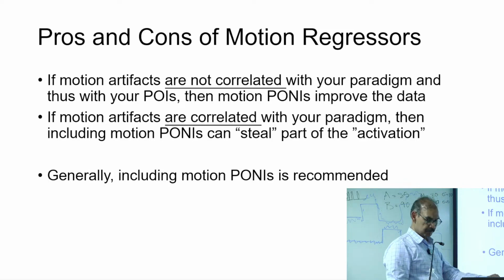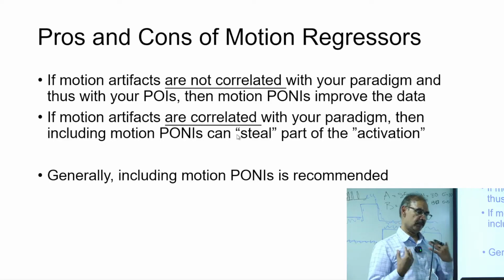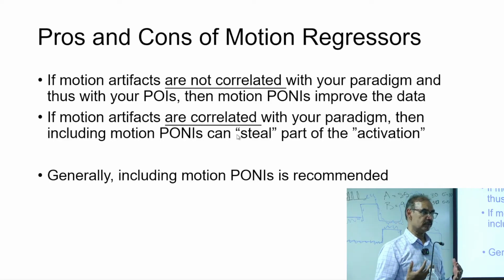So the pros and cons of motion regressors is that if motion artifacts are not correlated with your paradigm, and thus with your predictors of interest, then motion predictors of no interest improves the data, right? Because you are showing that the person moved unrelated to the task, right?